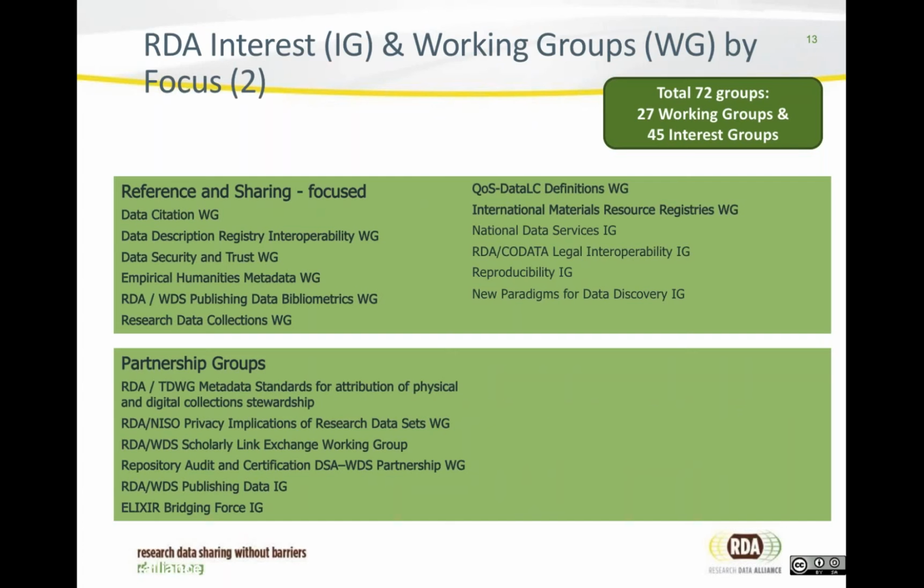And as you can see, you'll see metadata pop up there. There's a humanities metadata working group that's relatively new. And there are partnership ones. Again, you'll see the TDWG metadata standards working group, so it's RDA people and people in the TDWG metadata standards group working together.